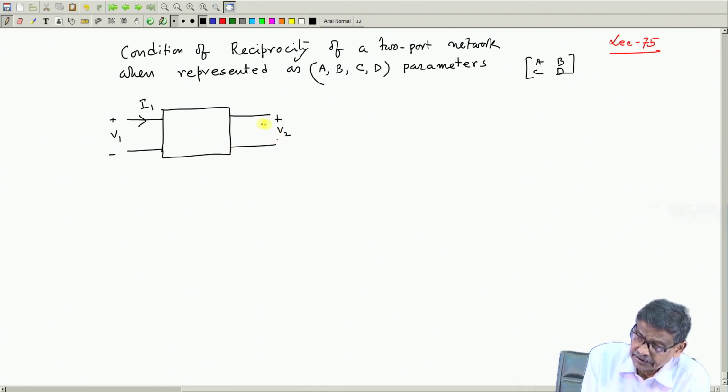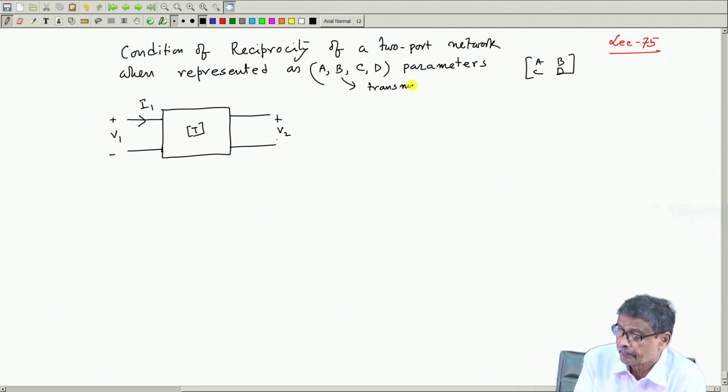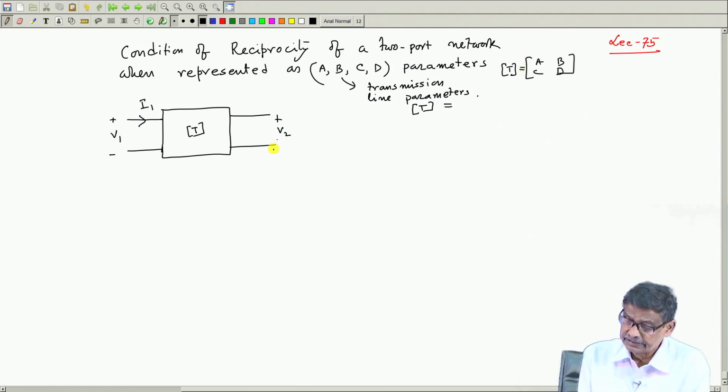As I told you, ABCD parameters are also called T parameters, or transmission line parameters, and usually written as T. While drawing this, I should be careful about I2.